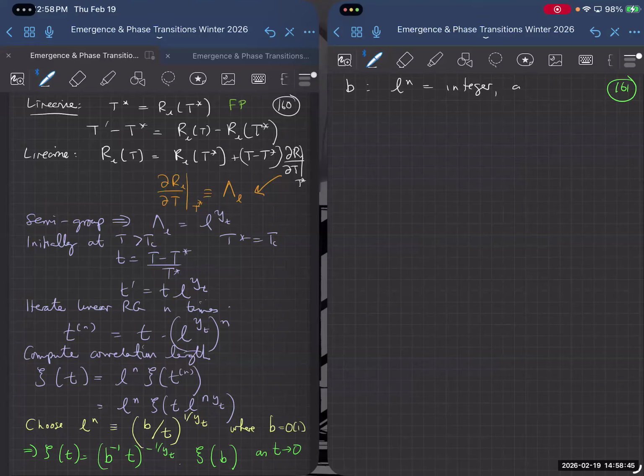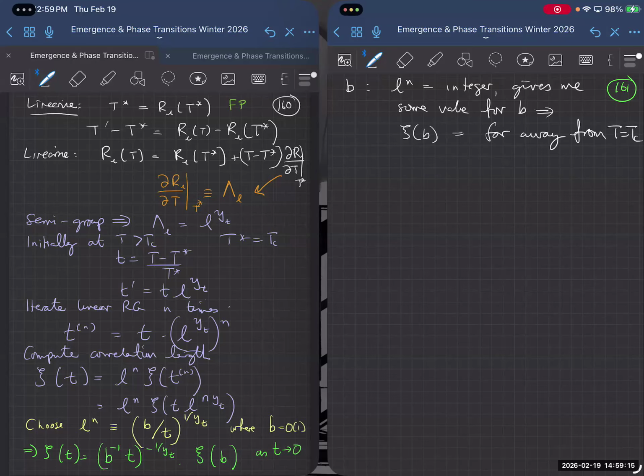So that gives me some value for b, and that implies that psi of b is far away from T equals Tc.